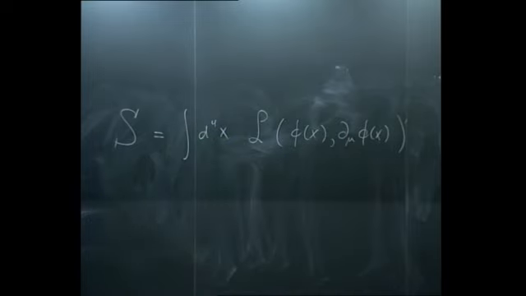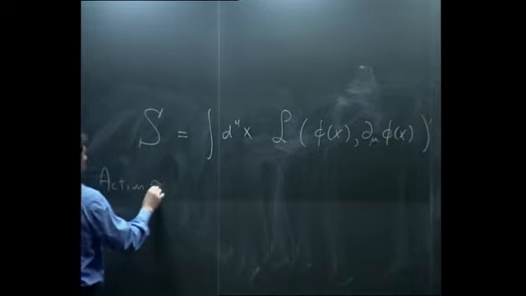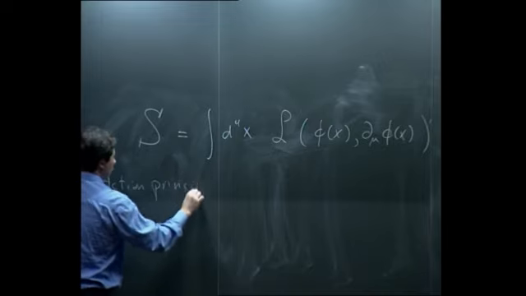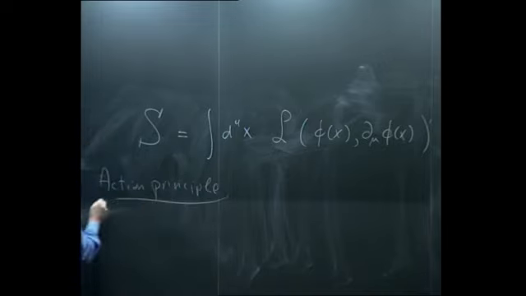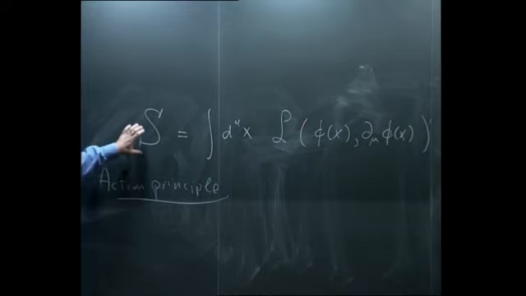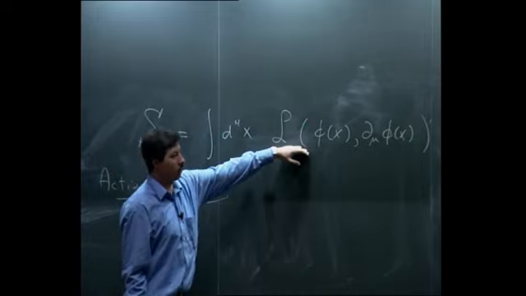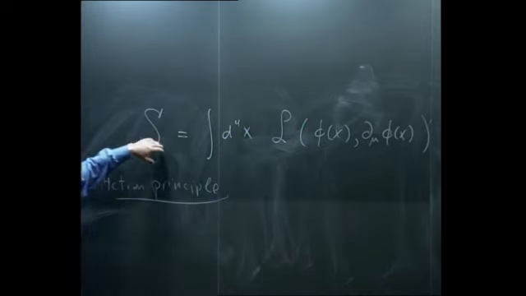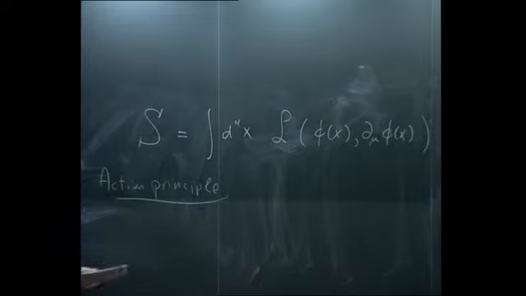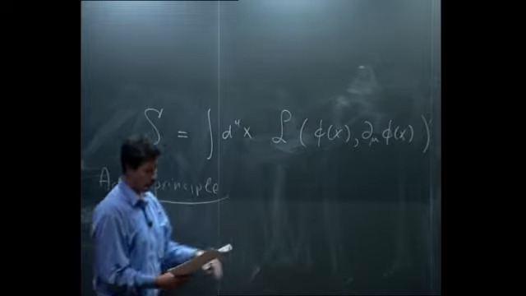Then there's what's called the action principle, which is the fact that the action is minimized, or that the variation of the action should vanish, in order to give you the classical field equations of motion. So the action is stationary, which means that under infinitesimal variations the action should not change. And that should give you the classical field equations of the field phi.